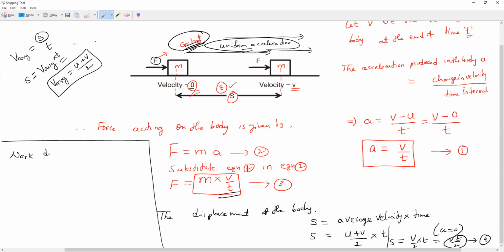So work done by the force is given by, what is the formula? Work done by the force. Anybody? Work done formula. Force into displacement. What is the force we got? Force we got is mv by t, into displacement vt by 2.